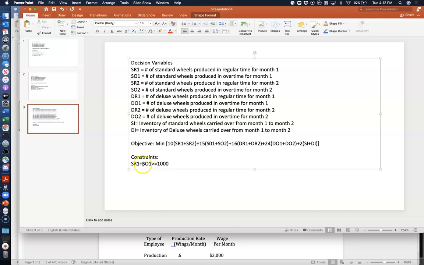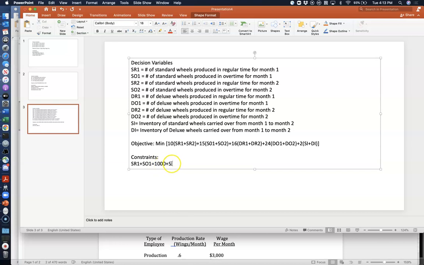So SR1 plus SO1 is the total number of standard wheels that are manufactured in the first month, whether they're made in regular time or in overtime. This has to be equal to 1000, which is the demand for wheels in the first month, plus anything else. So anything over 1000 is carried over as inventory of standard wheels.